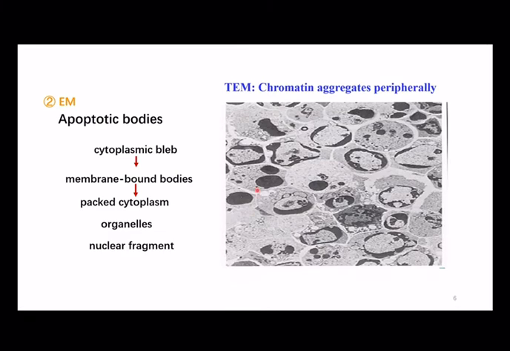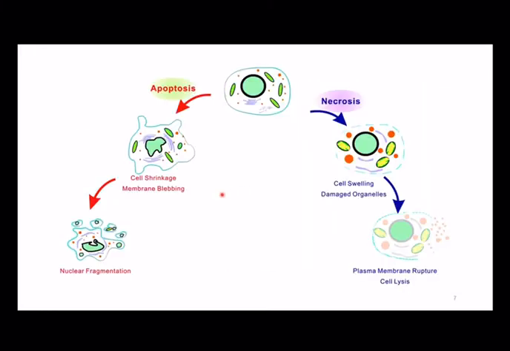Observed by the transmission electron microscope, during apoptosis, the nuclear DNA of apoptotic cells breaks into nucleosome-sized pieces and aggregates at the periphery of the nucleus. Like here. Finally, the nucleus undergoes karyorrhexis.